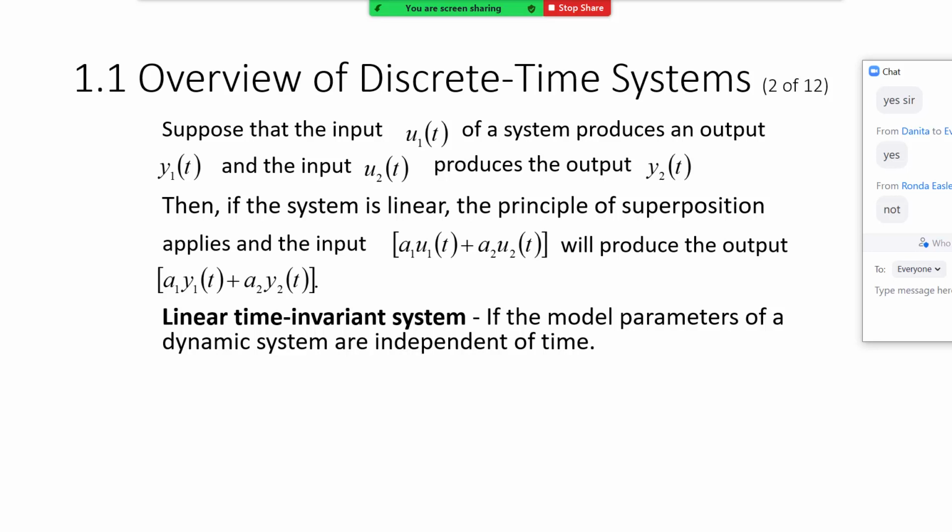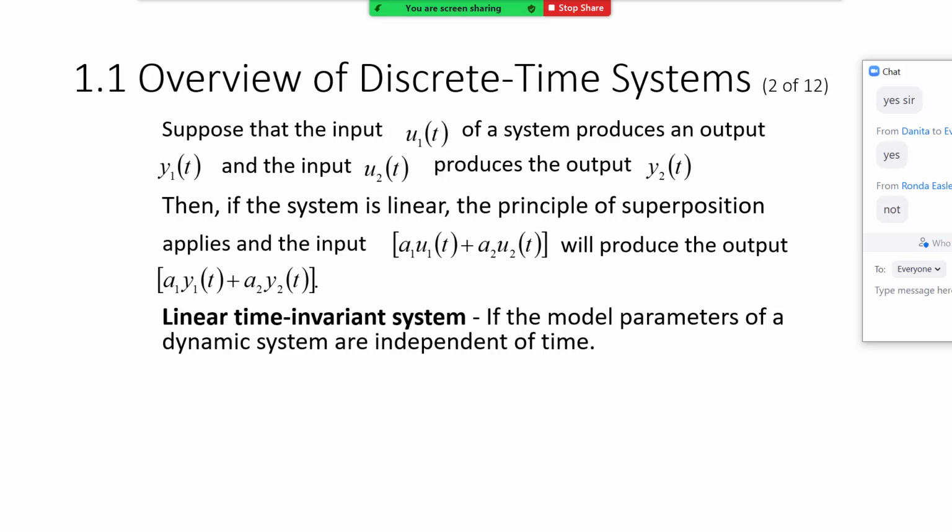Okay. Now, out of all the linear dynamic systems, we are also interested in the linear time invariant systems. These are systems where the parameters do not change with time.